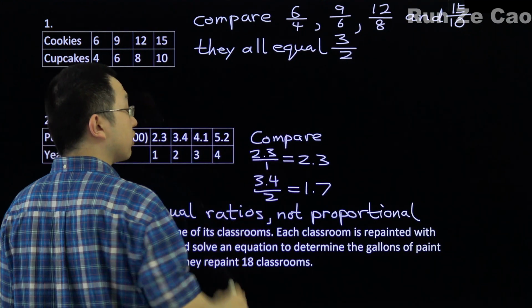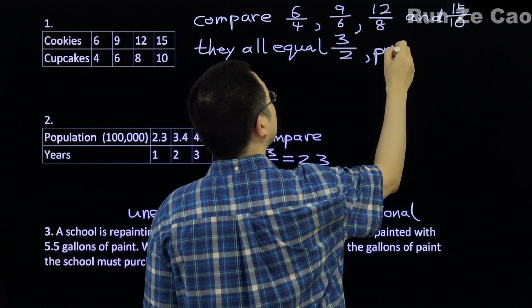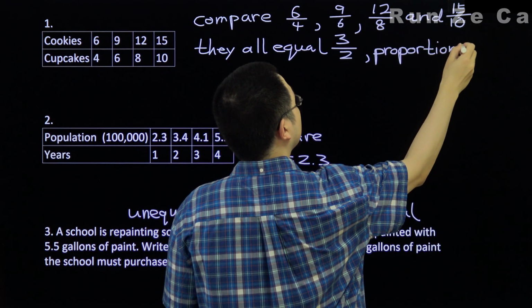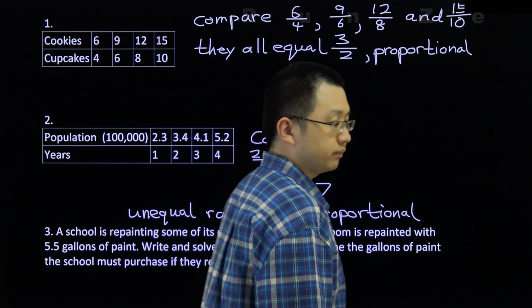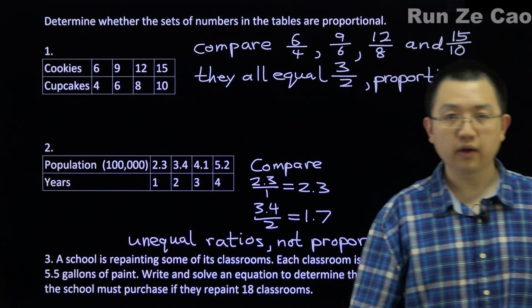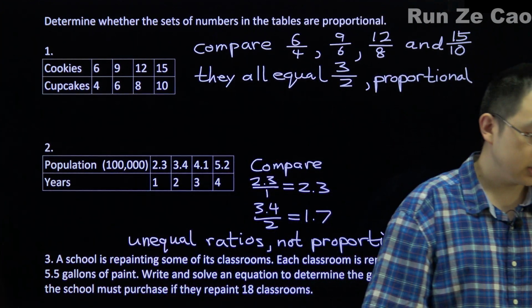And if the ratios are equal, they are proportional. Is that okay, guys? If the ratios between the variables are equal, they are proportional.